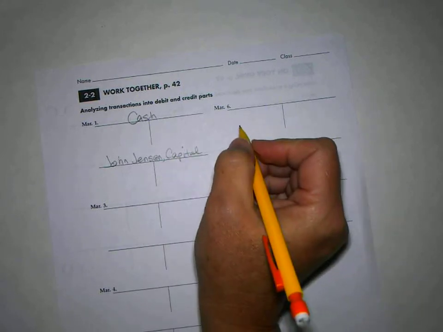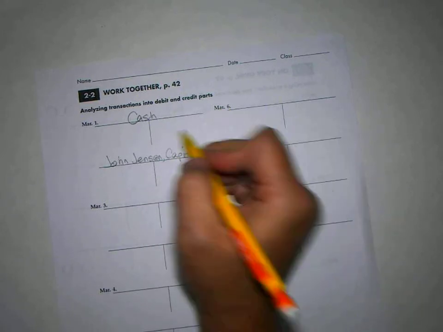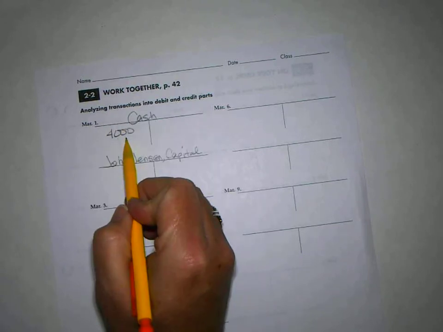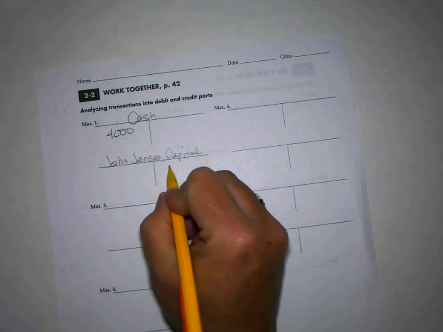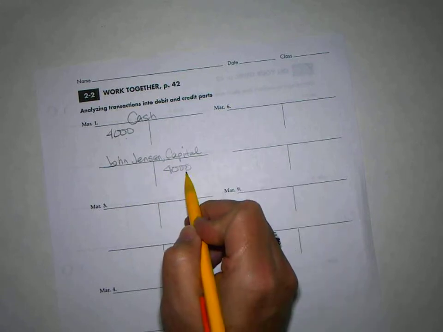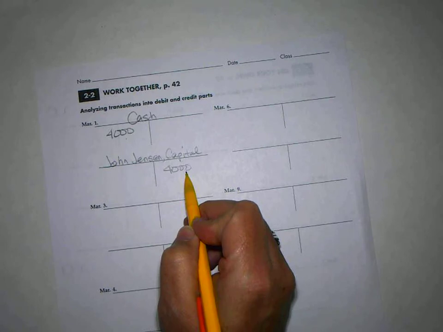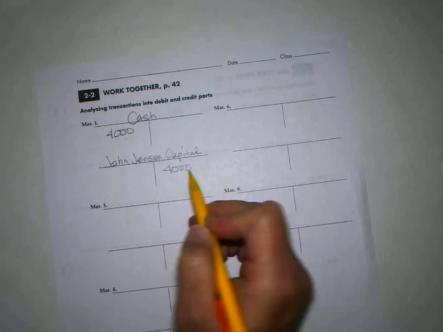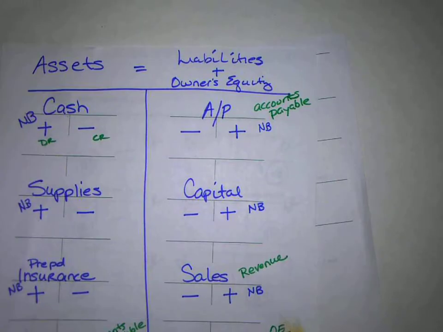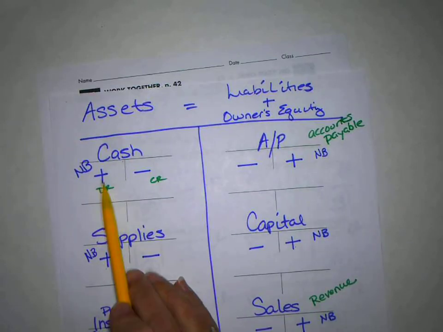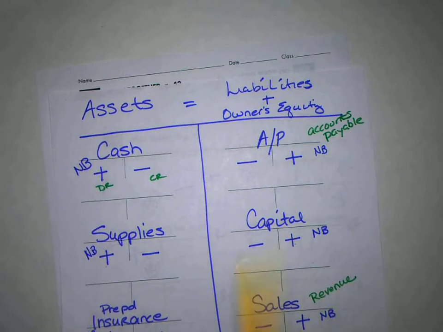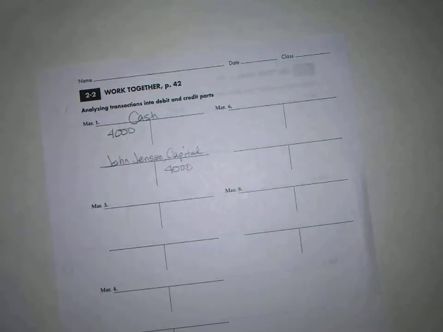And it's received cash $4,000. So we're increasing cash, and we're increasing capital by $4,000. Again, you've got your cheat sheets to be able to tell where your pluses and minuses are. Keep this out on your desk if you need to.